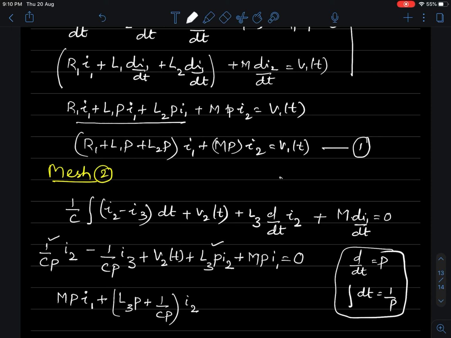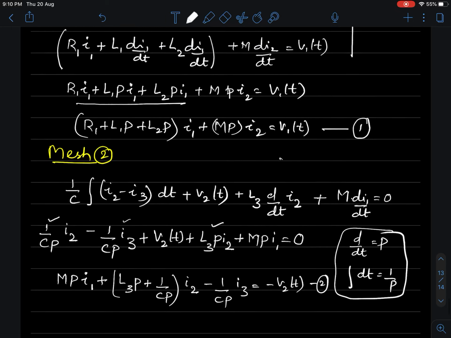There is one more term containing I3, that will be written as minus 1 by Cp into I3, equal to V2 of t, which I will send to the other side. This is my second equation. Alright, so my first equation is this, my second equation is this.